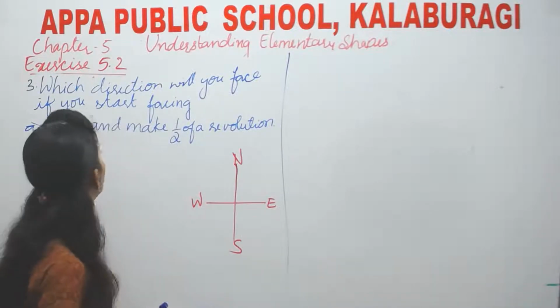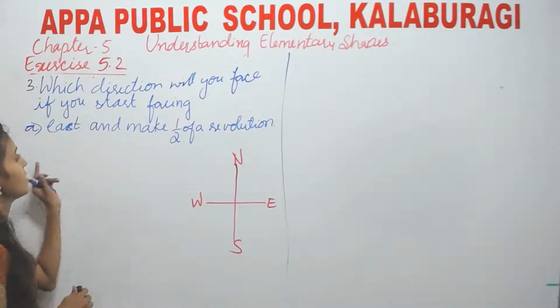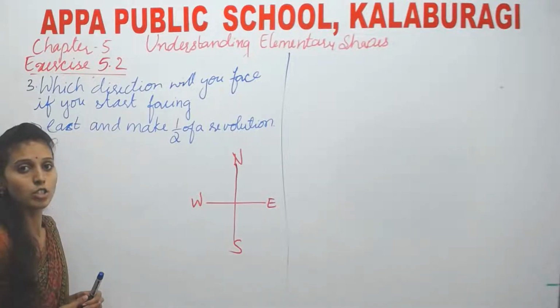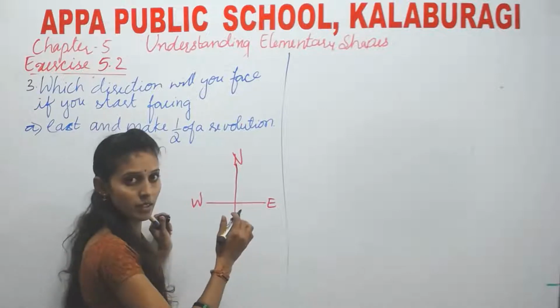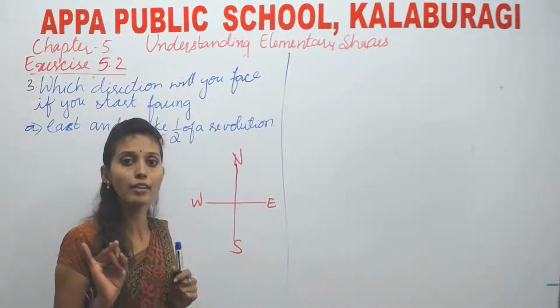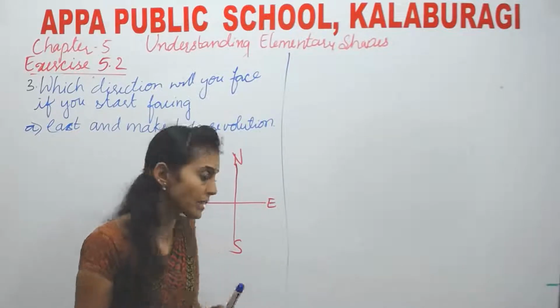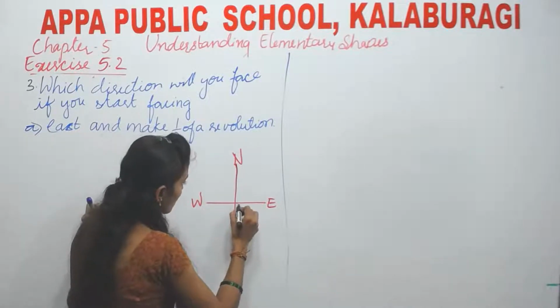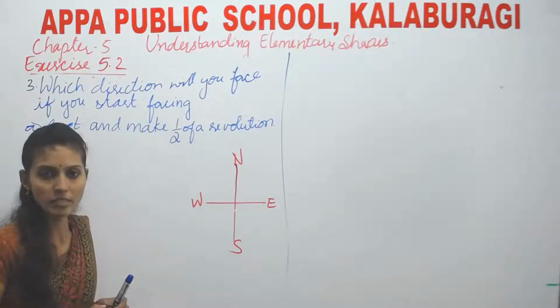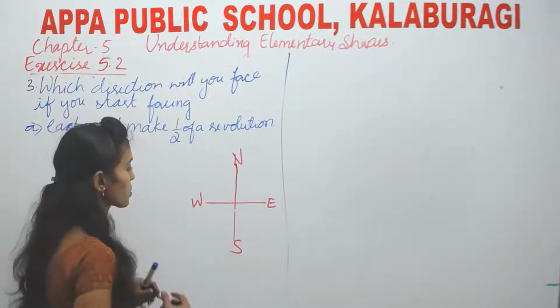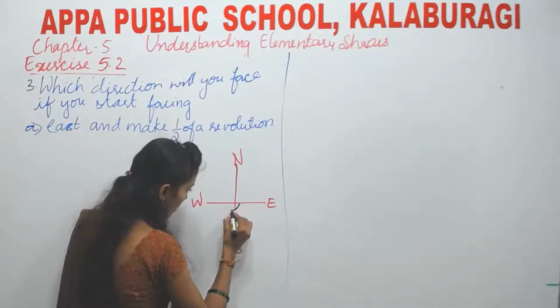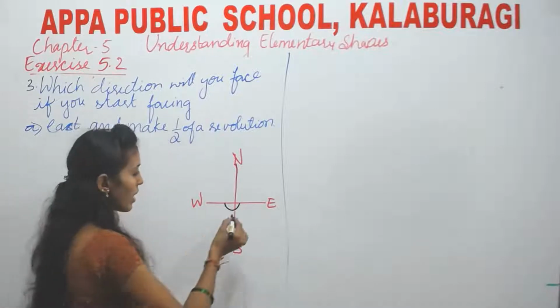Come on. See, they said east and turn to make half of a revolution. For half and full, there is no need to say clockwise or anti-clockwise. Both will reach there only. From east, clockwise also you will face there only. Even anti-clockwise also. Half, anti-clockwise.